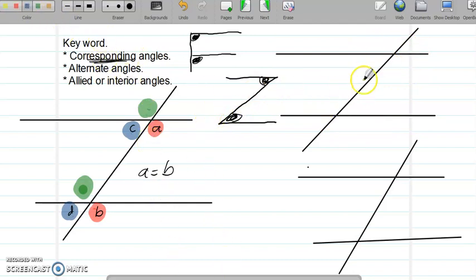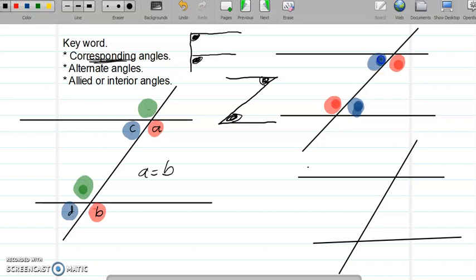The angle that is here and the angle that is here, which is our Z, are what we call the alternate angles. In the same way, the angles we have here and here are also alternate angles. And alternate angles are equal.